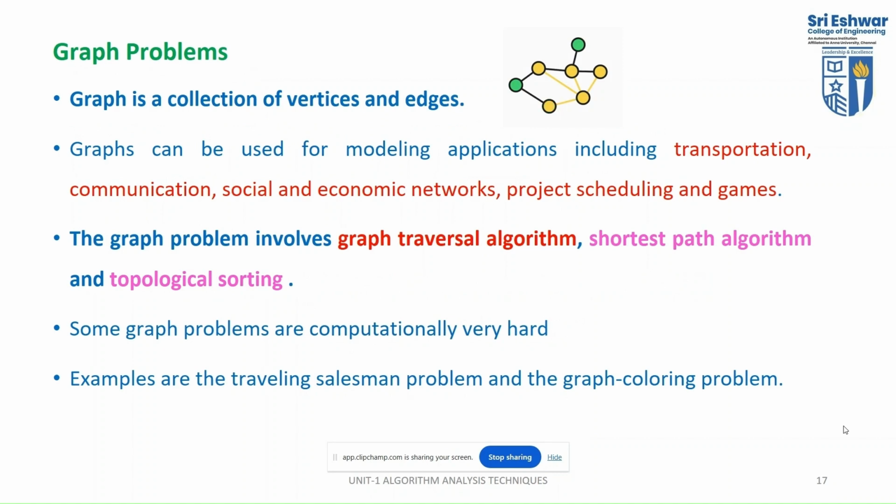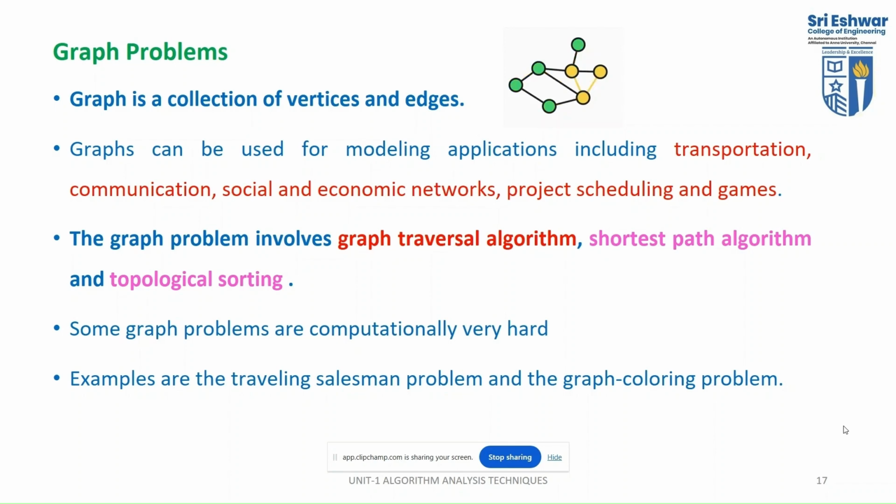Next will be graph problems. Graph is a collection of vertices and edges. Graphs can be used for modeling applications including transportation, communication, social and economic networks, project scheduling, and games. Some of the graph algorithms involve graph traversal algorithm, shortest path algorithm, and topological sorting.